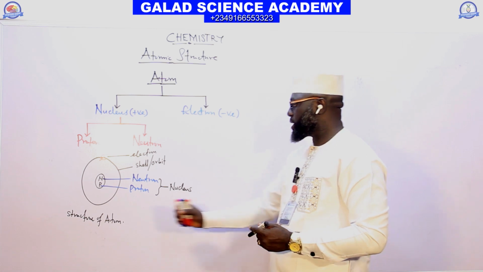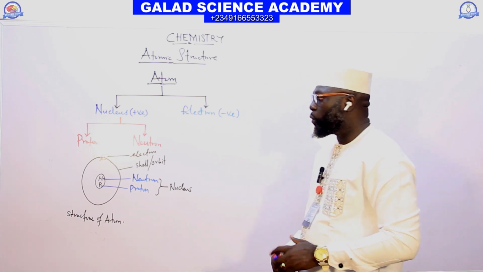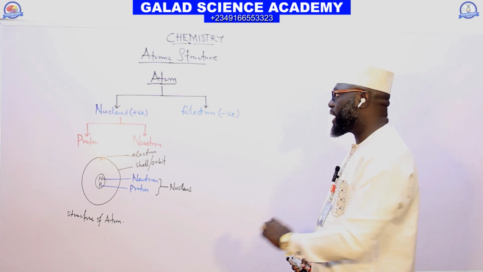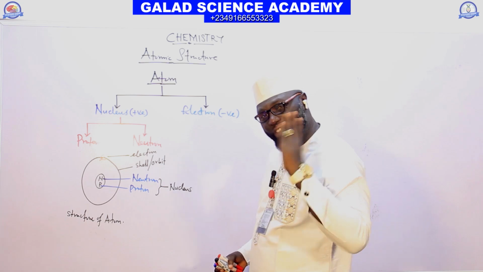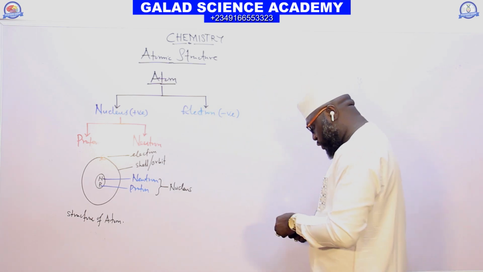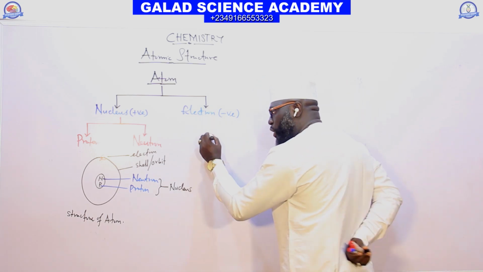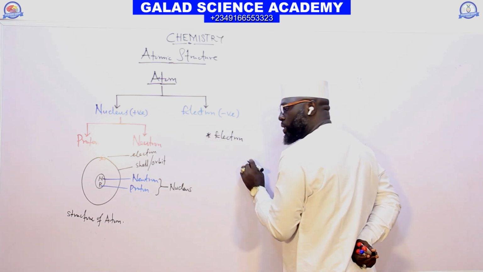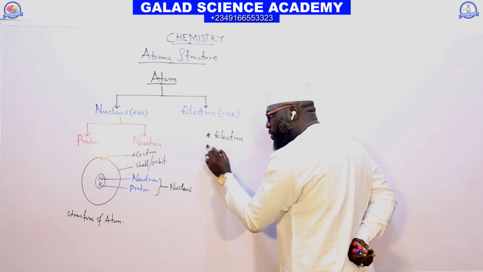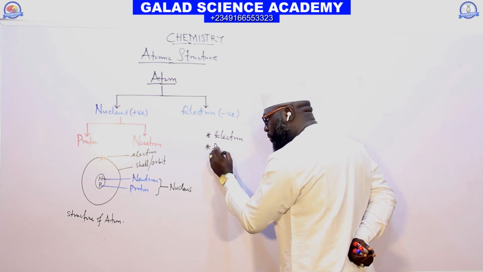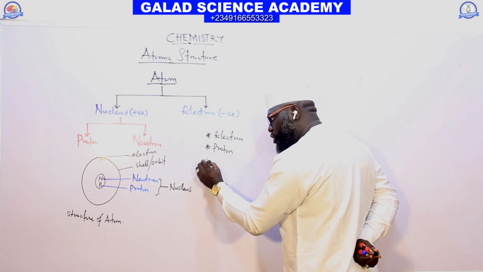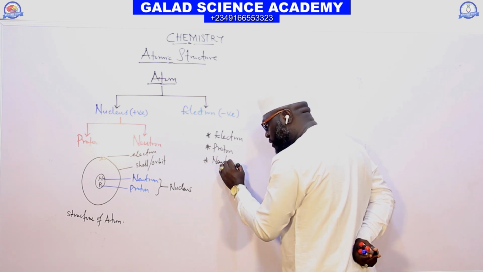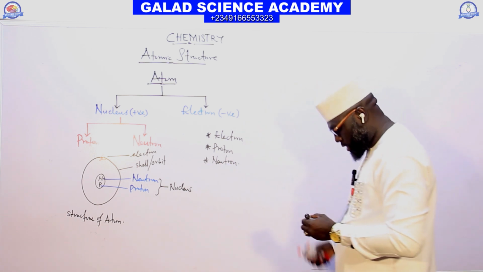From this structure, we can observe that a normal atom comprises three particles. The first is the electron, the second is the proton, and the third is the neutron.